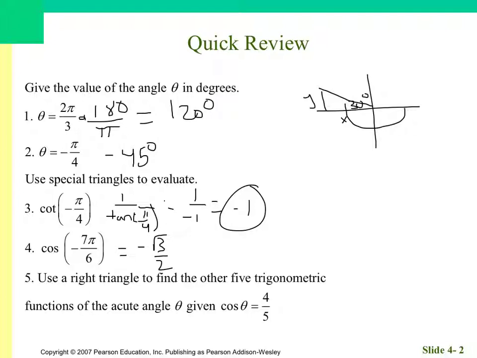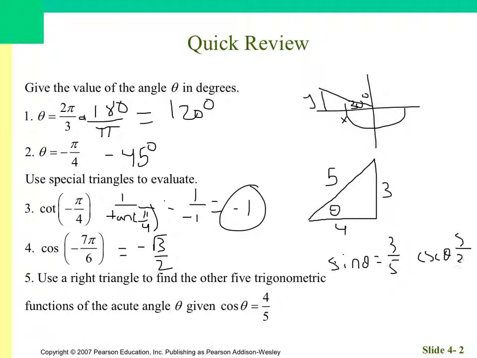Use the right triangle to find the other 5 trig functions of the acute angle, given cosine is 4/5. Adjacent over hypotenuse. Use the Pythagorean theorem to get the other side, and it's 3. So now you get sine of the angle, 3/5. Cosecant then, 5/3.